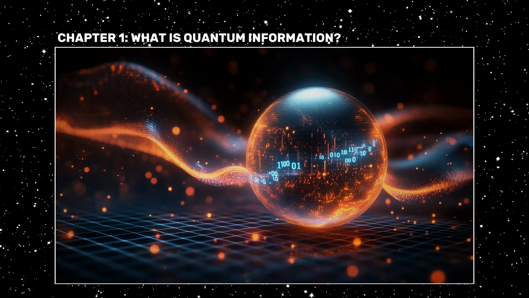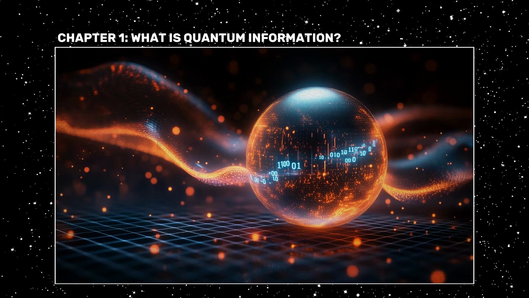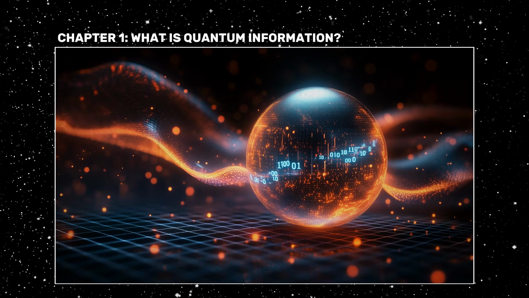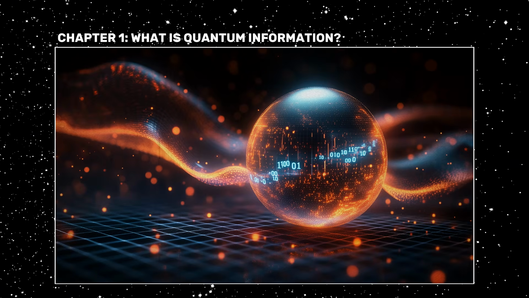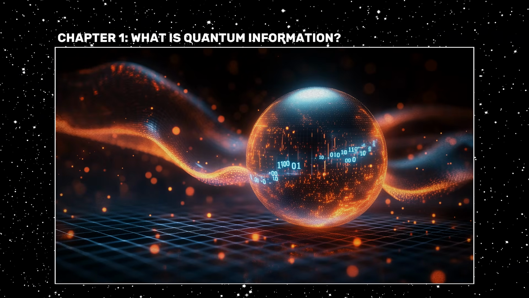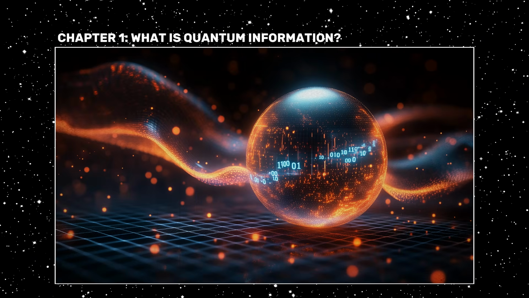Central to quantum information is the concept of the quantum bit, or qubit, which replaces the classical bit. A qubit does not exist solely in one of two states. Instead, it can inhabit a superposition, simultaneously embodying both logical 0 and logical 1 in a coherent combination.